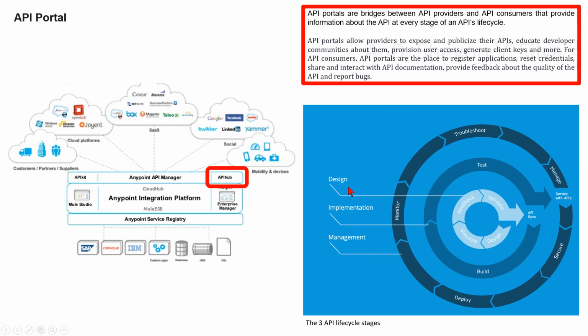Design. The first step in the API lifecycle is design, when the API is created. Designing an API starts with the outside-in perspective, beginning with the interface contract of the API. API developers create the user interface of the API first, determining how the API looks and behaves.